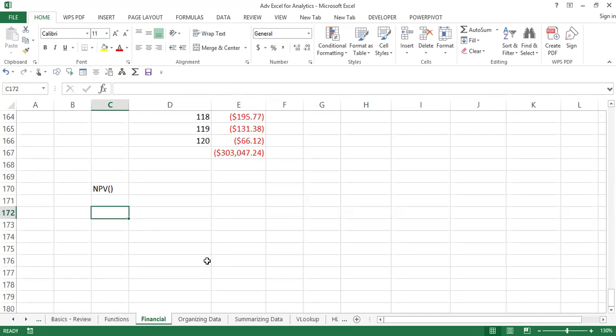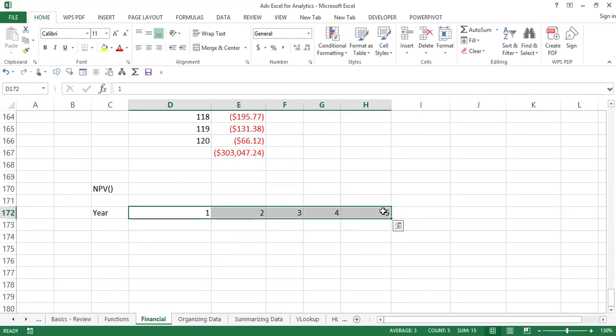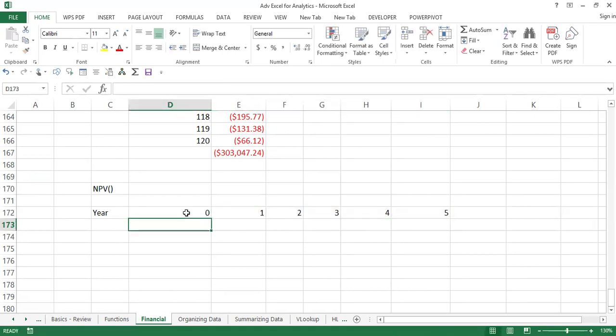So let's say, for example, let's use a loan as an example again. The loan is taken for an investment. So we have year 1, year 2, year 3, year 4, year 5. In fact, let's start from year 0, that's the very first year.